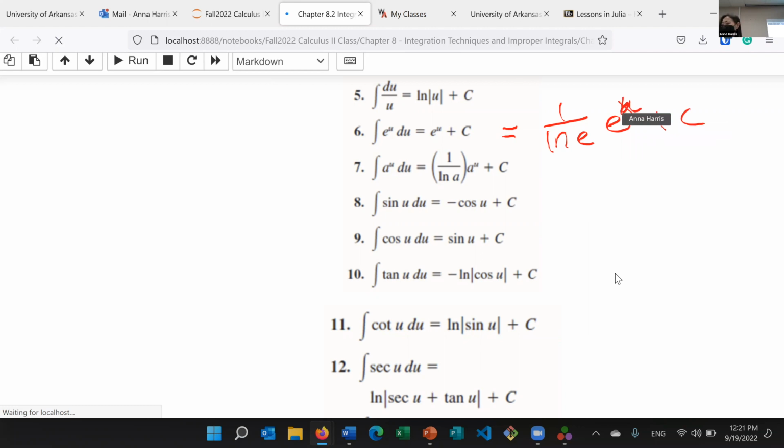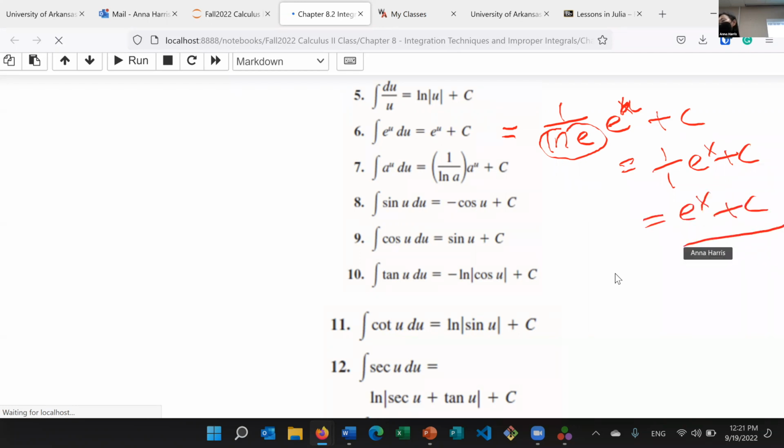But the natural log of e is equal to 1, so this is 1 over 1 times e to the x plus C. That's why you just have e to the x plus C. But you cannot do that with a. 1 over natural log of a is not 1. Well, if a happened to be e, then it would be 1. Since it's not 1, you have to write down 1 over natural log of a. Is everybody with me? So a is any number.